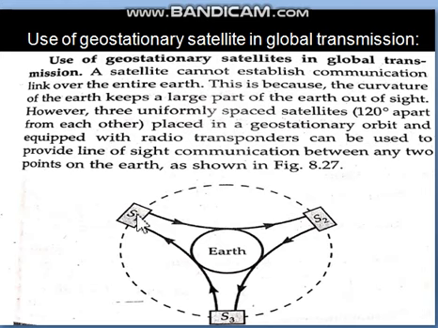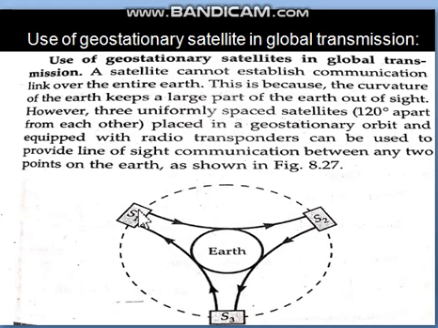So a geostationary satellite is the best here, because geostationary satellite always faces the same location of Earth. So whatever antenna we are establishing for the signal receiving or transmitting on Earth, this antenna will always aim at the satellite.